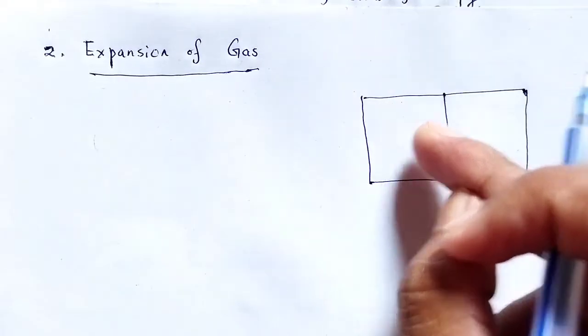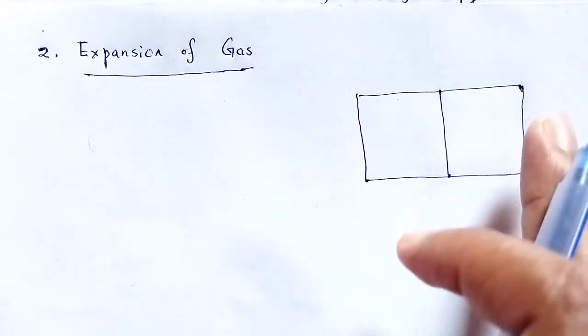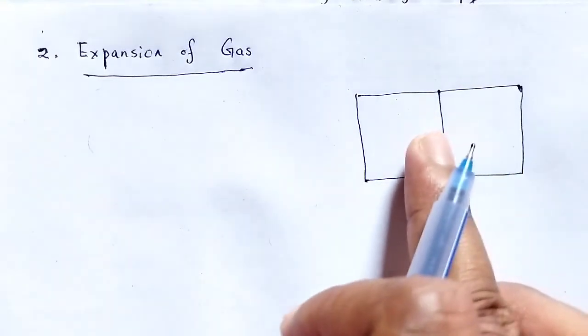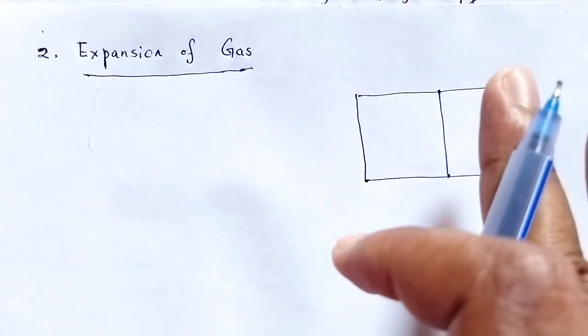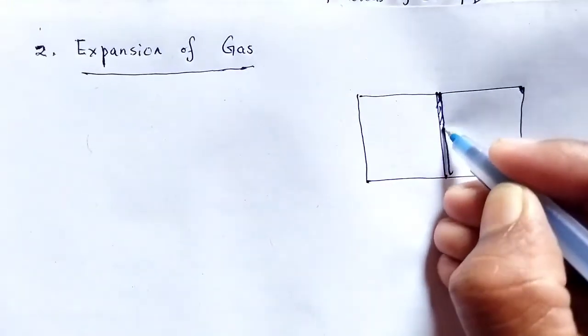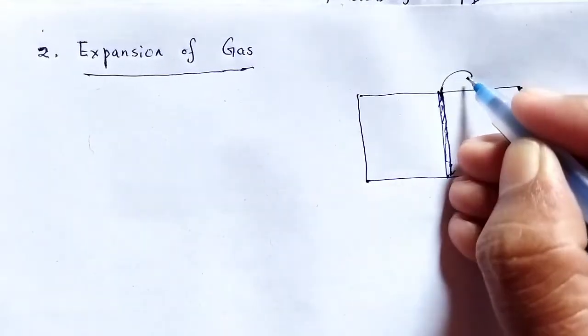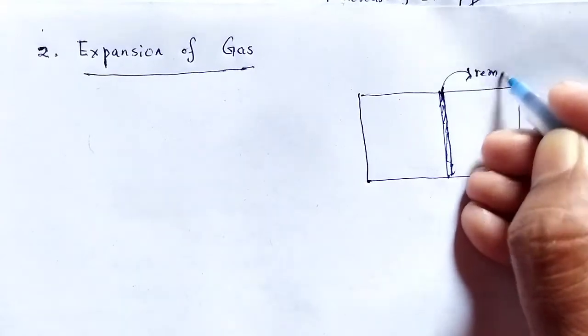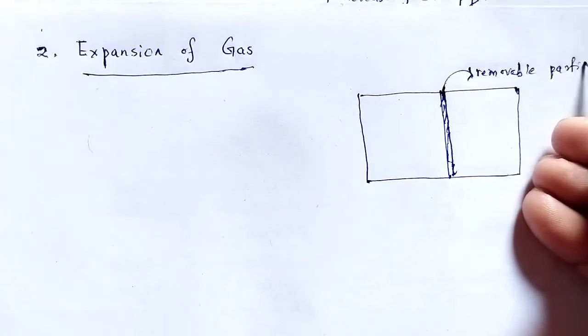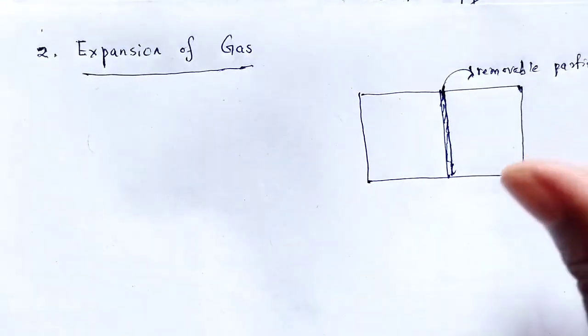Here is the first half, here is the second half, and they are divided with the help of a removable partition. A removable partition means that the partition can be removed.